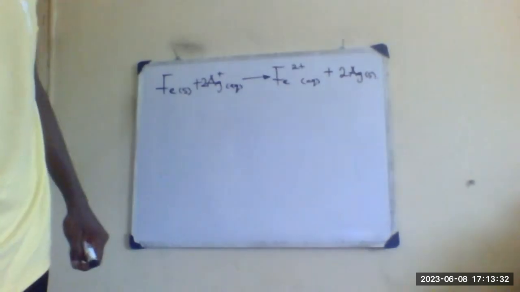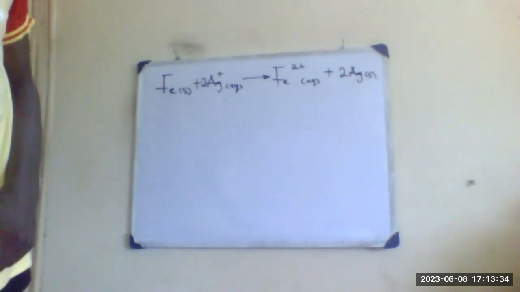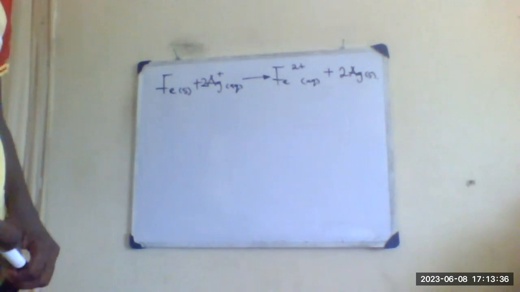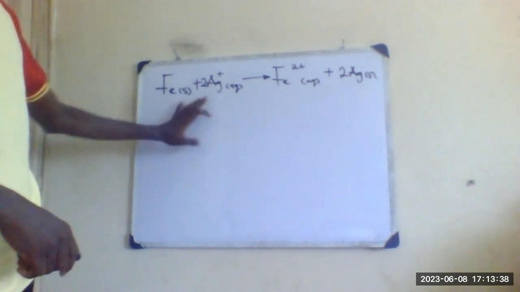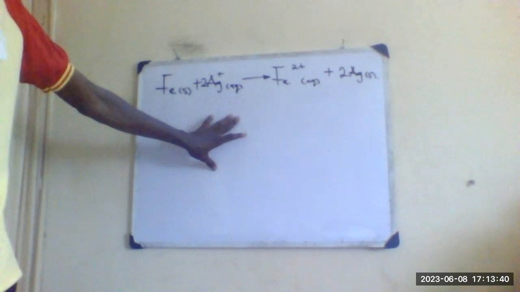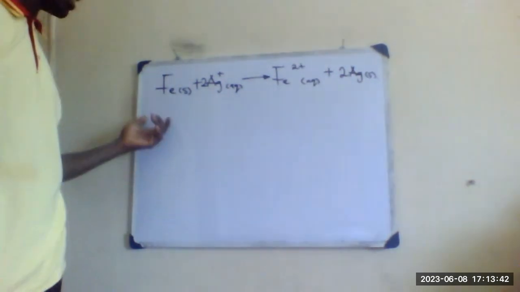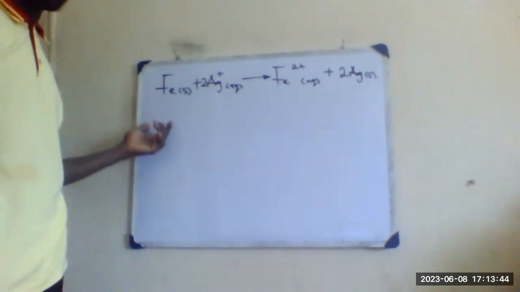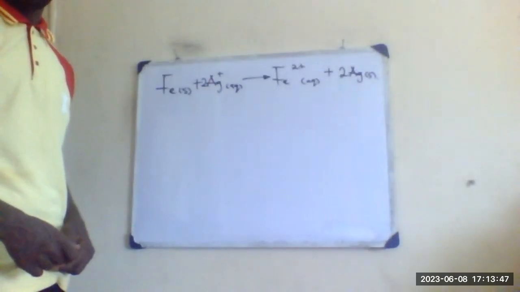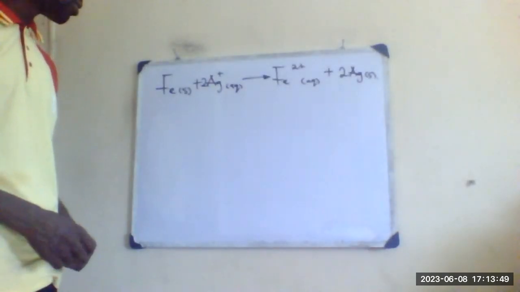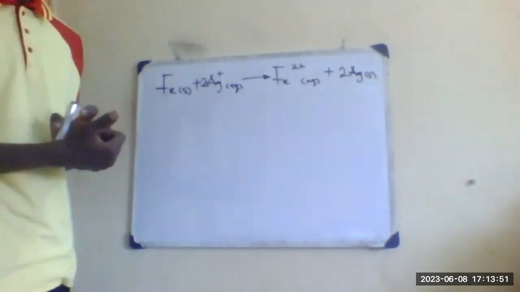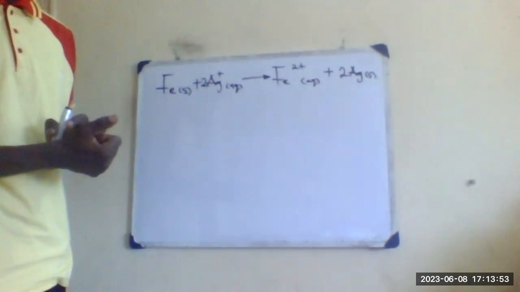The question is, write a balanced ionic half equation for the reaction. The other question is, which of the species is A, oxidized, B, reduced?